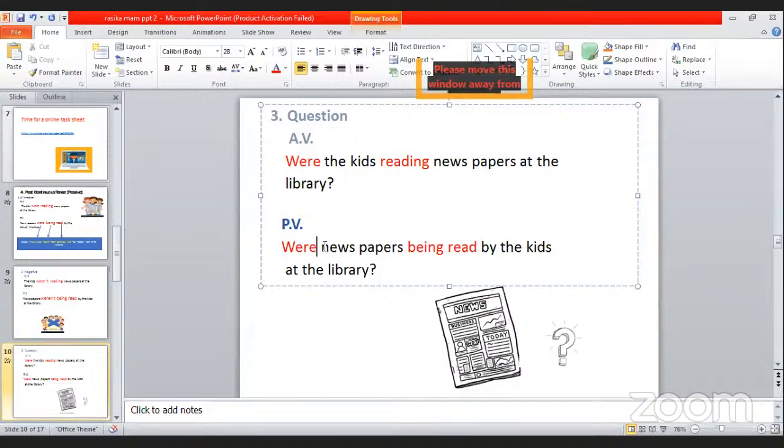So the newspapers, the object, comes as the subject. Were the newspapers. Now you can't forget the being here. Being read by the kids at the library. Were the newspapers being read by the kids at the library? So we can form the question like this in passive voice.